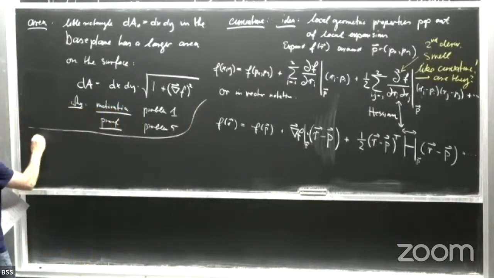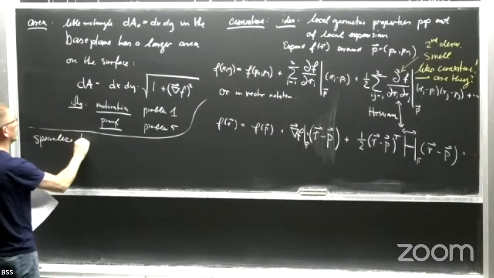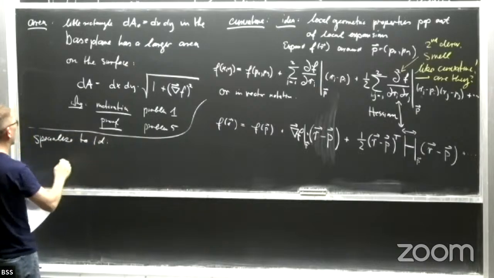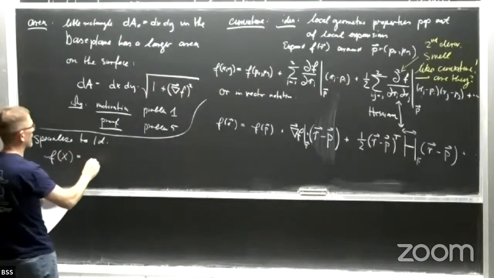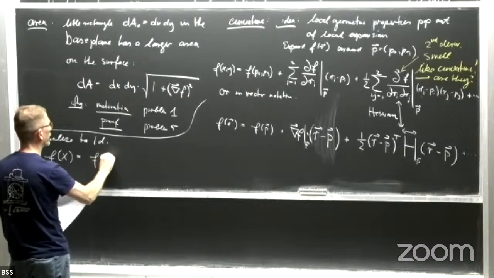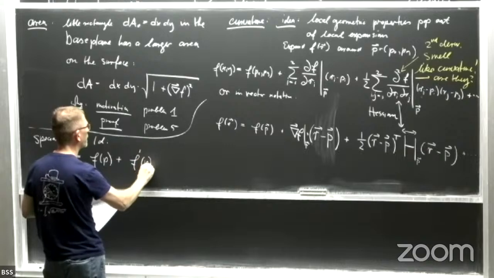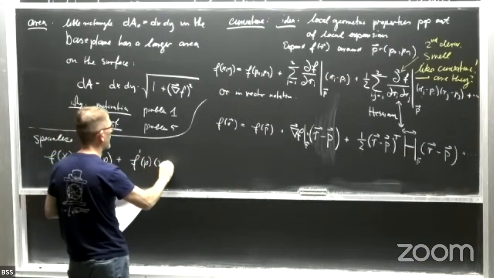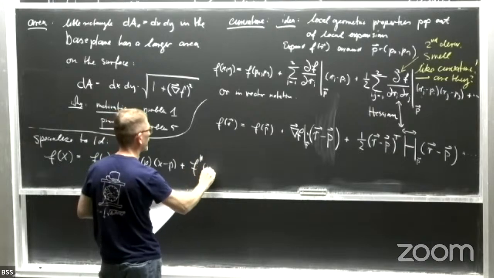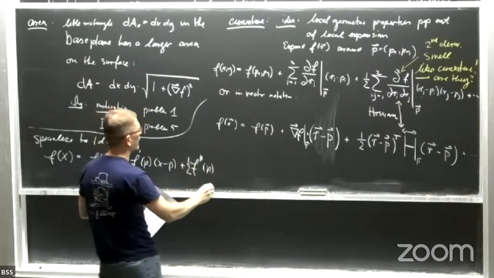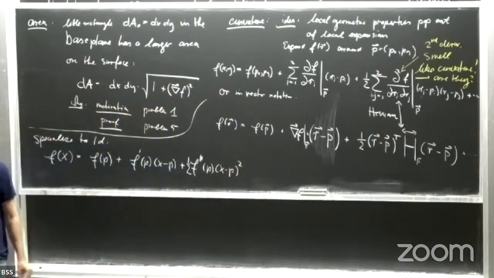So let's specialize this to 1D. Then we have, let's say, f of x is f of p plus f prime of p times x minus p plus half f double prime of p times x minus p squared, and the Hessian just becomes a second derivative.